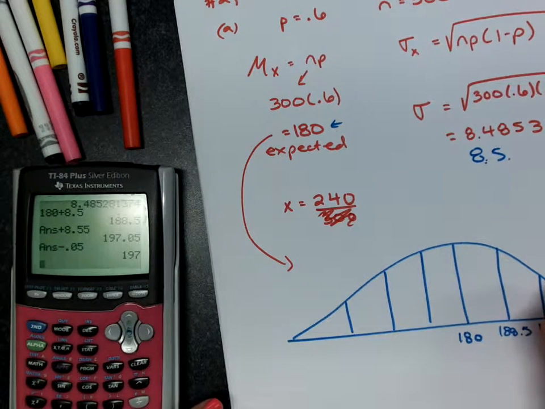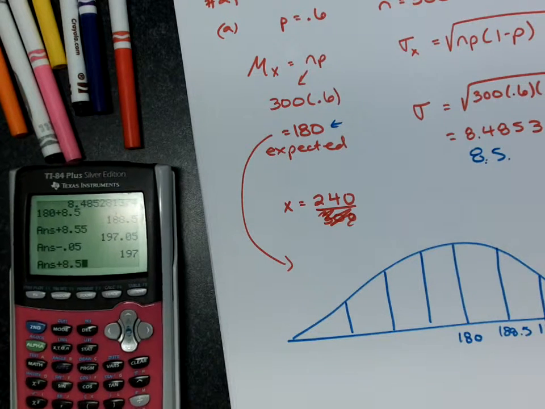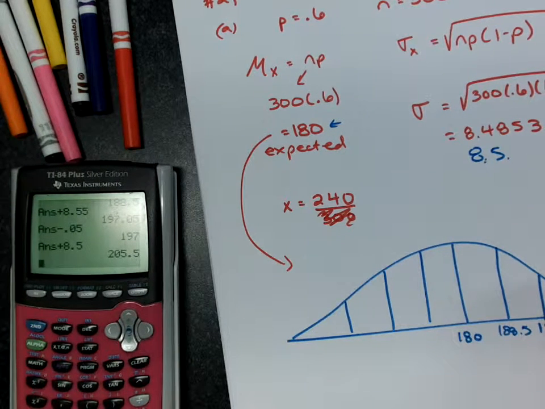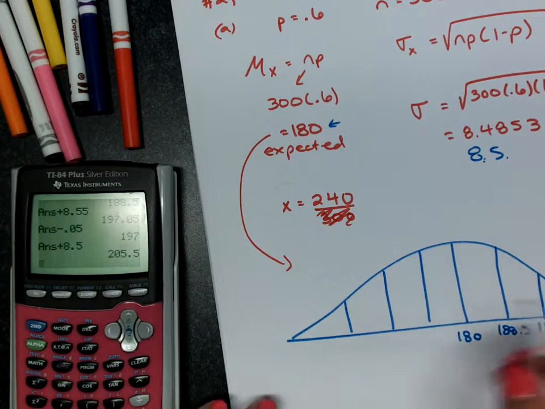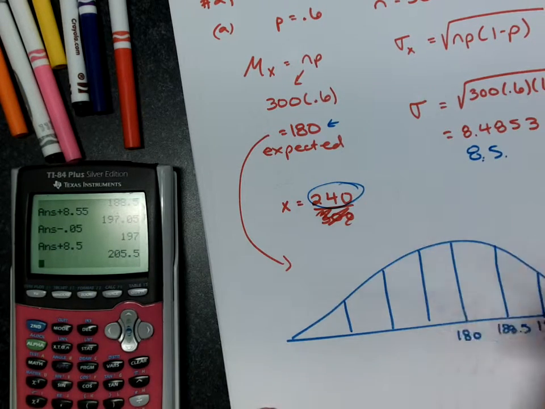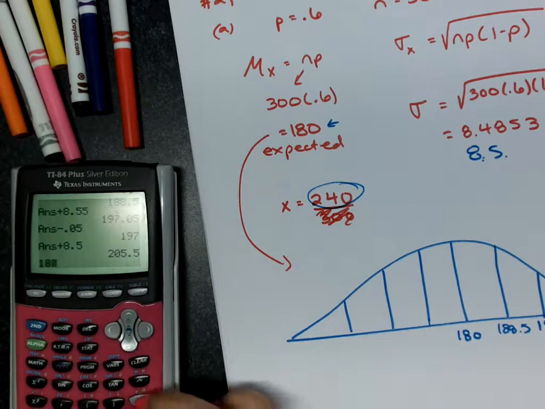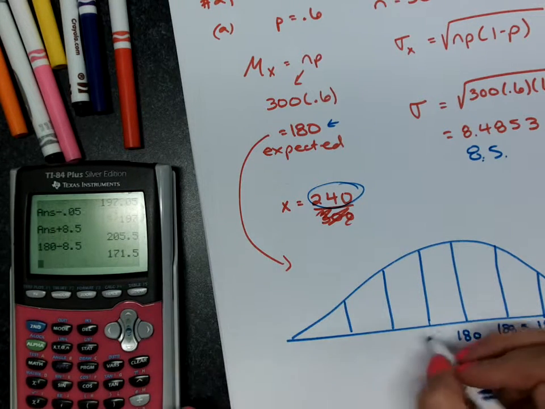It's 197. And one more time. 205.5. Now we're looking at 240. Now I'm going to go ahead and fill in the other side just for consistency.